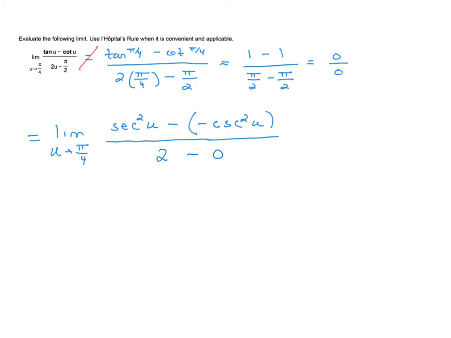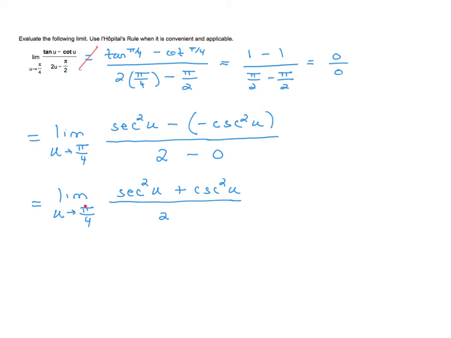And I think it would be helpful to simplify this a little bit. So this is the limit as u approaches pi over 4. The denominator is just the number 2. And the numerator I'll write as secant squared of u plus cosecant squared of u. So this thing, well, I don't think L'Hopital's rule is going to apply anymore because you can't really even plug u into the denominator.